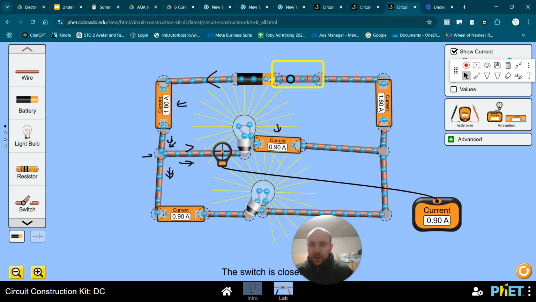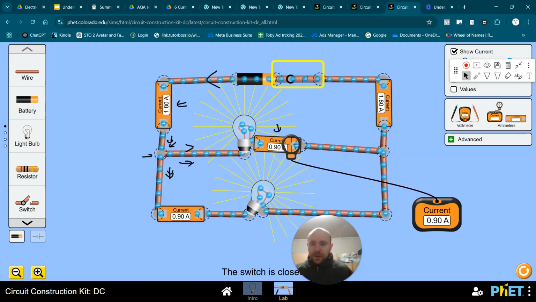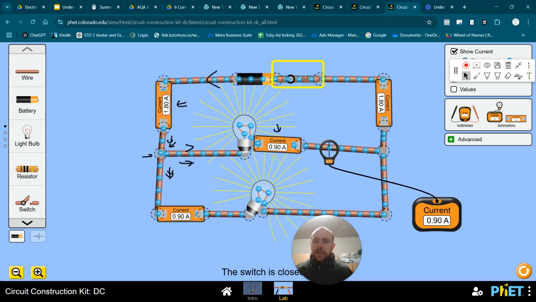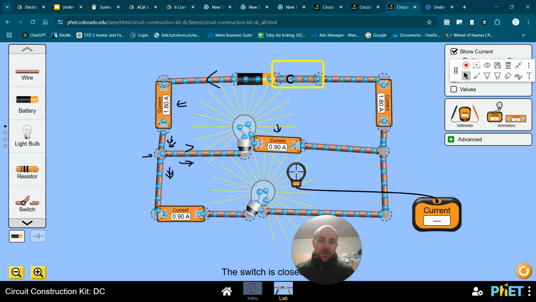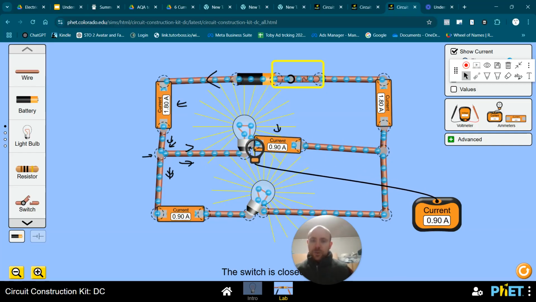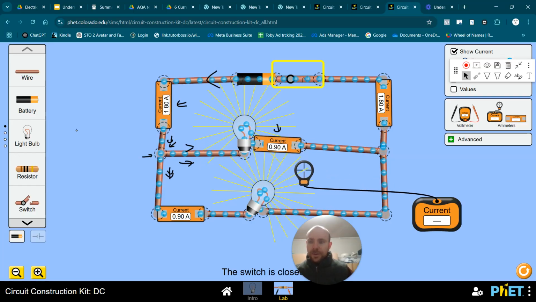And anywhere along this single branch, everything along this single branch would be in series. There's only one route that this can take. So everything along here, if I added more light bulbs, everything within that branch would be in series with each other. We always talk about these ammeters having to be connected in series.